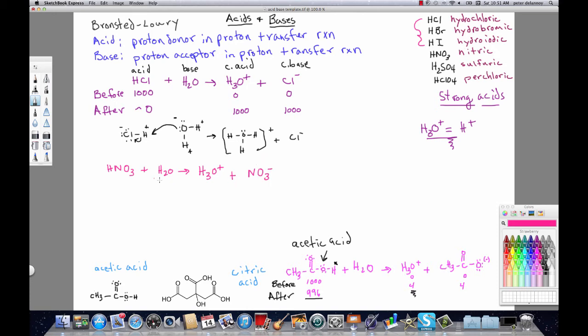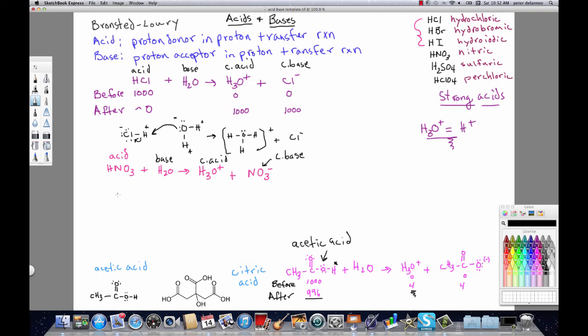All right. Now, similar to the top equation that I just took us through, the HNO3 is our acid. All right. The water is operating as a base. The conjugate acid in this is going to be the H3O+, and the conjugate base is the nitrate.